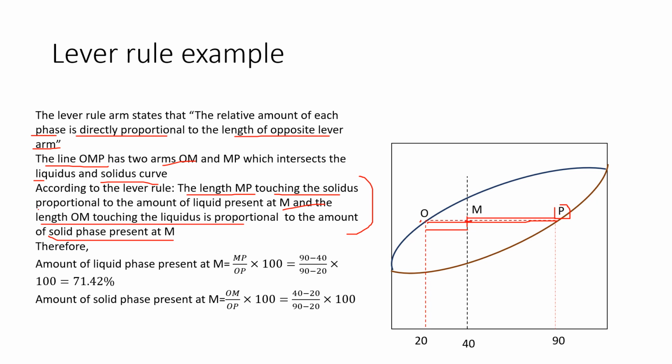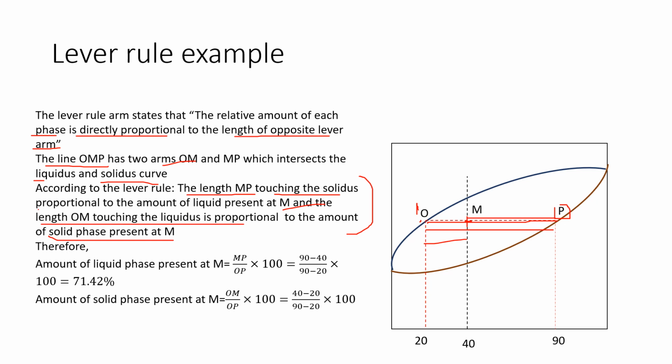The amount of liquid phase at point M is equal to MP divided by OP, that is, from point M to P divided by OP, while the amount of solid phase present at M starts from the liquid point to the middle point.